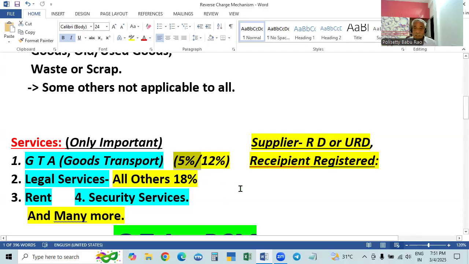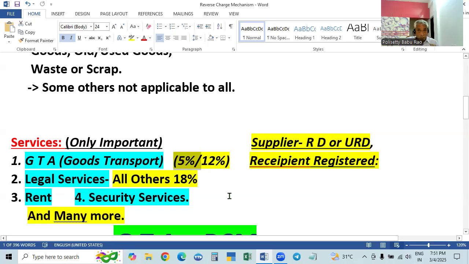So only transportation of goods by road, and this means every person, auto wala, auto rickshaw, they transport goods. Other lorries on the road, we can find many lorries. All of them transport goods, but they do not come under GTA.